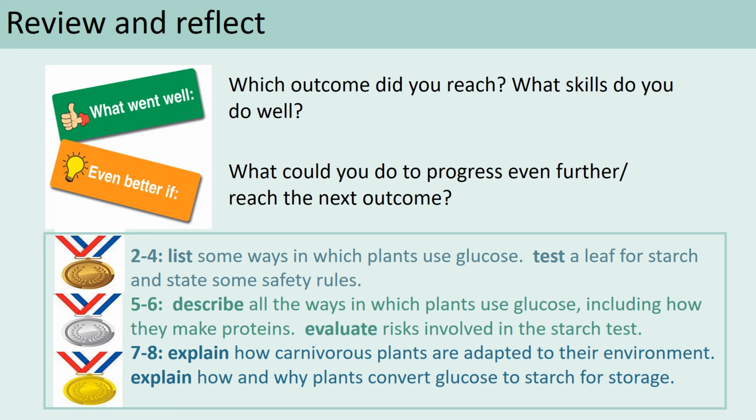For 7 to 8, explain how carnivorous plants are adapted to their environment. So hopefully you're able to answer the last question. And explain how and why plants convert glucose to starch for storage: glucose is soluble, but starch is insoluble, so it is a better storage molecule.